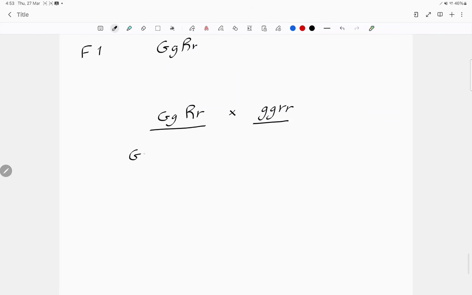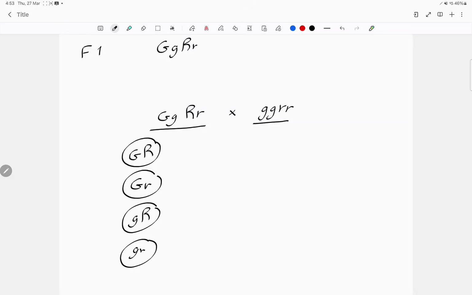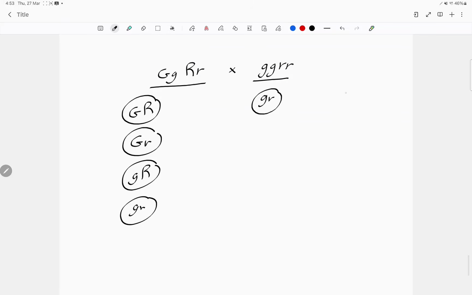Now you're going to get capital G, capital R, capital G, small g, capital R, small g, small r, small g, small r. And you will get capital G, capital R, small r, capital G, small r, small r, small g, capital R, small r, small g, small r, small r.